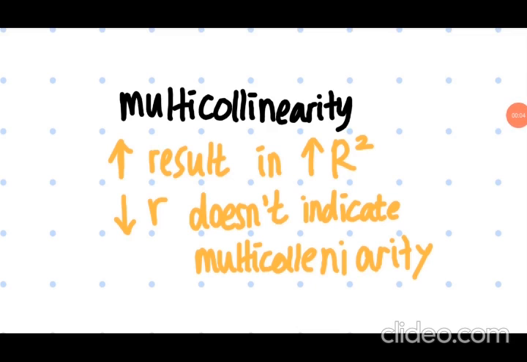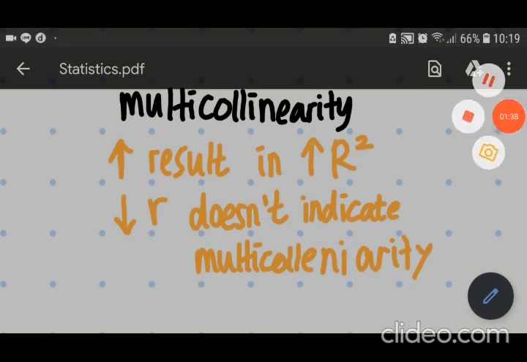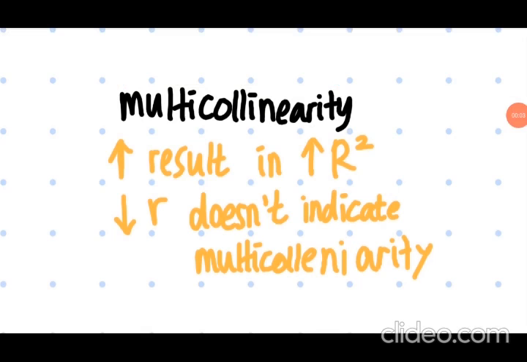Second, high pairwise correlation among regressors. Third, auxiliary regression, regressing one X on another and comparing R square values. Fourth, eigenvalues and condition index. And fifth, tolerance and variance inflation factors.